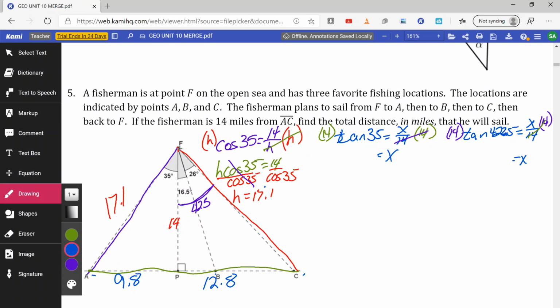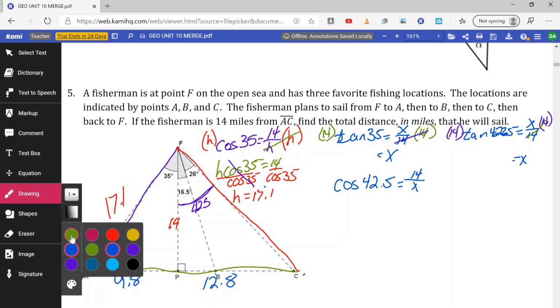And last but not least, we have to figure out what F to C is. So now we have an adjacent side and a hypotenuse. So again, I'm picking 14 because it's a nicer number than 12.8. So adjacent side of 14, unknown hypotenuse, meaning we have cosine. So we have cosine of 42.5 is equal to our adjacent side, 14, over our hypotenuse, our unknown, x.